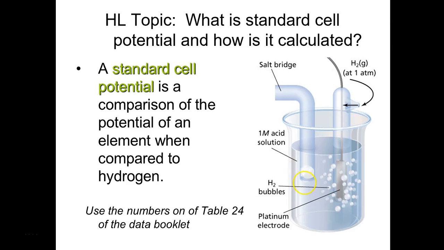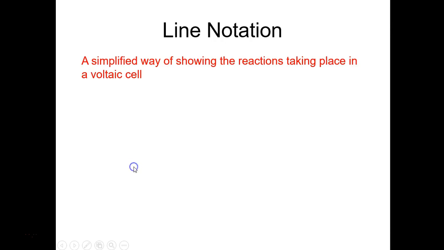All right. So those are things you have to know about the standard hydrogen electrode. You have to know hydrogen gas at 1 atmosphere, platinum electrode, all submerged in a 1 molar acid solution. And you also have to know that the standard cell potentials on table 24 are a comparison of the potential compared to hydrogen.